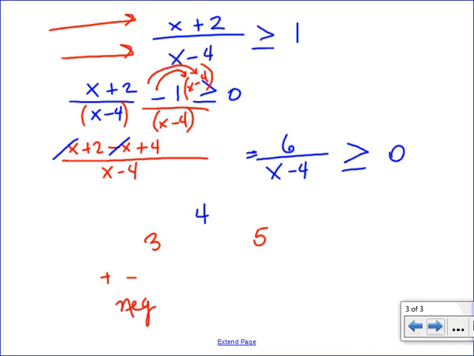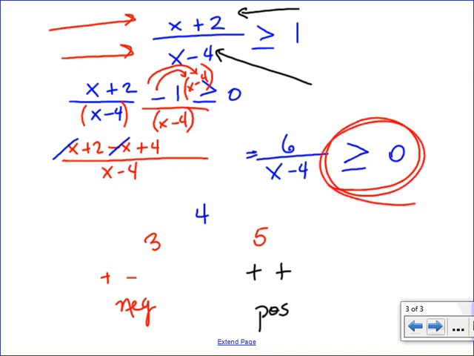Putting 5 in my numerator gives me a positive. 5 in my denominator gives me a positive, and those 2 positives combine for another positive. Now, the original problem is asking for greater than or equal to 0. I'm looking for positives. So, things to the right of 4, like 5, will give me positives.